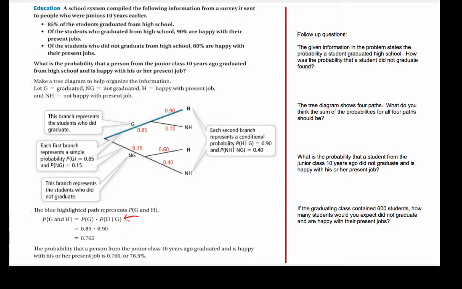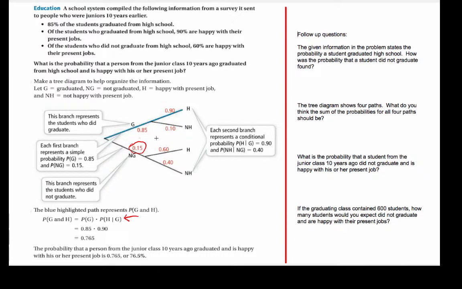Over here on the right, we have some follow-up questions to this situation. The first one says, the given information in the problem states the probability a student graduated high school. How is the probability that a student did not graduate found? It didn't tell us that anywhere up here. It didn't tell us that 15% did not graduate.